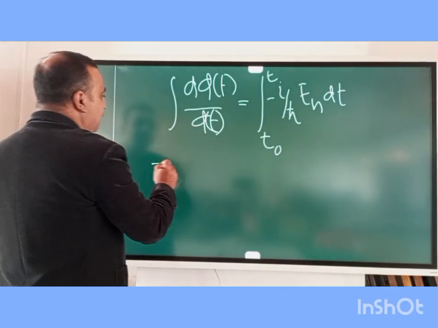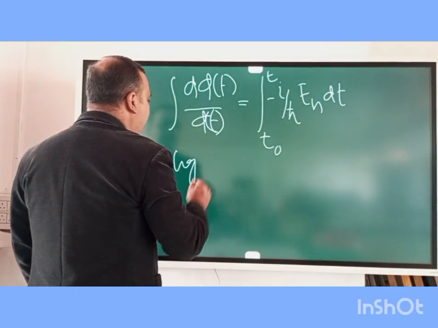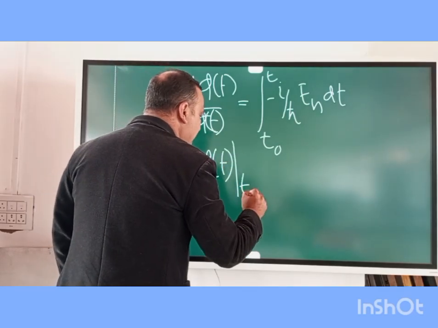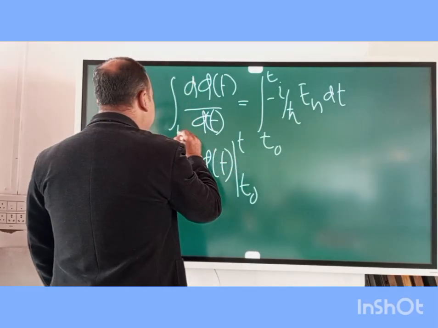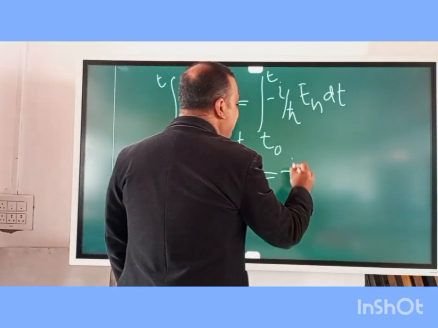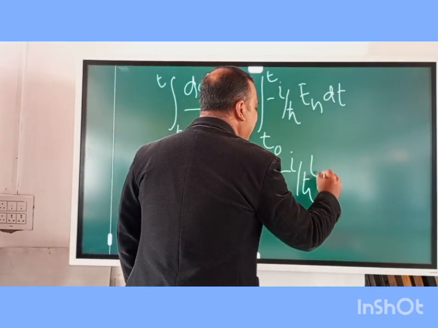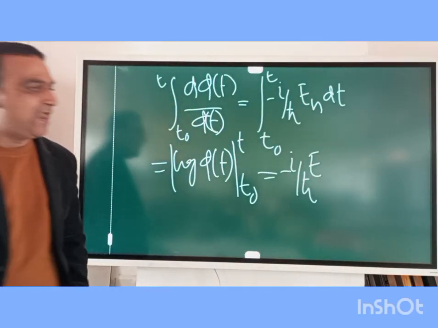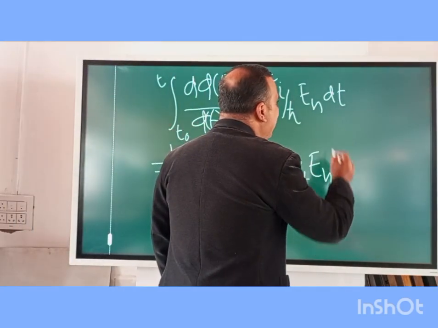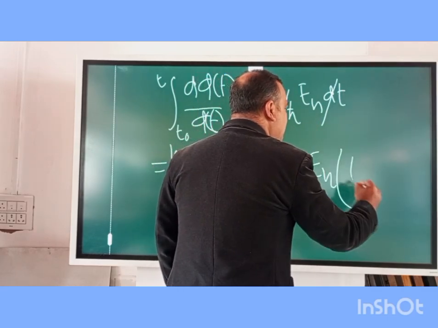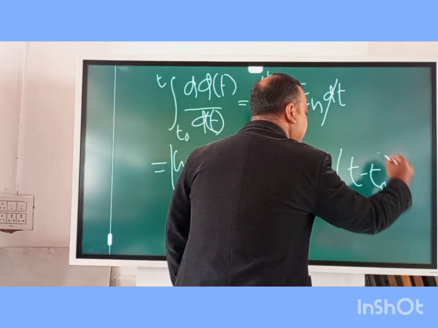It is log of φ(t). So take the limits from t₀ to t. So this will be equal to minus i/ħ, Eₙ is just a number, you remember? It's just a number, that is Eₙ, and then the differential and integral will go, so you will have t minus t₀.